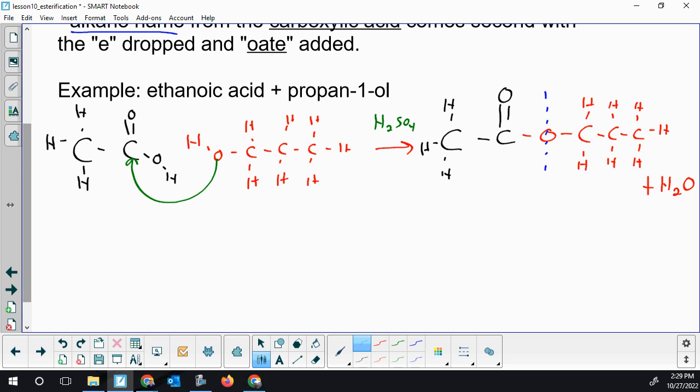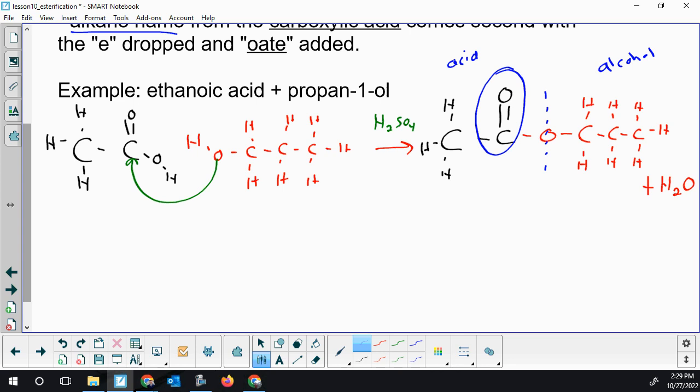So the alcohol piece doesn't have the C double bond O. The alcohol piece I have in red, and the carboxylic acid piece I have in black. But even if you didn't have the reaction, the C double bond O is your clue to the acid piece.